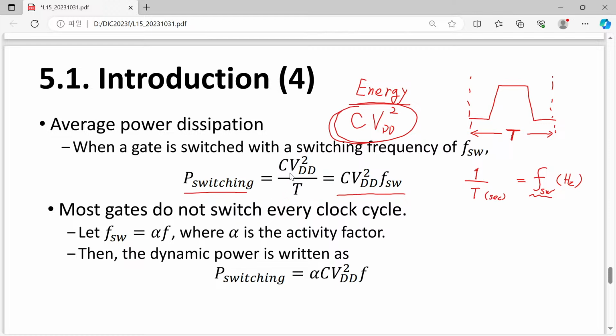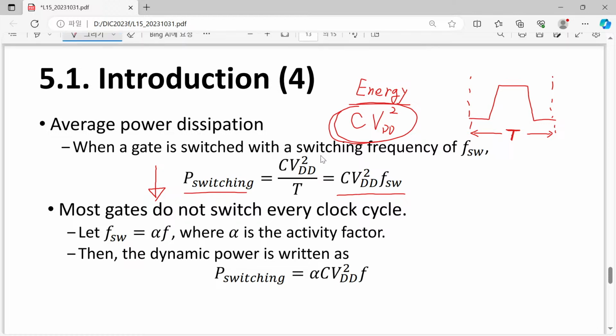We always want to have a low power system. Then how can you realize this low power system? Since we have three different terms, their effects are quite obvious.